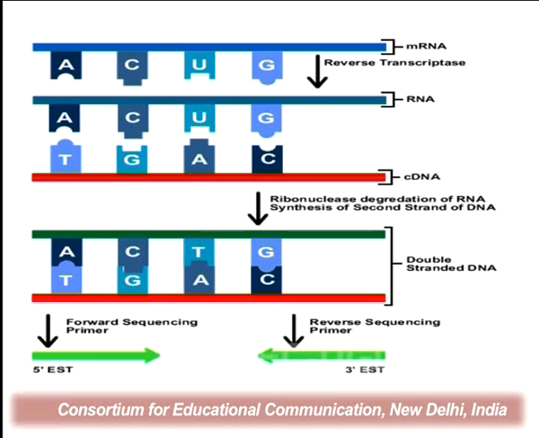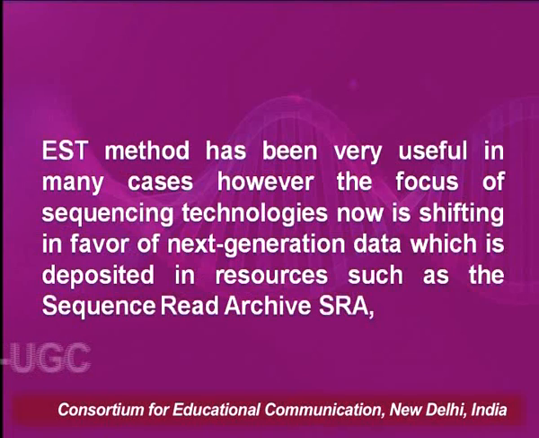At both ends of this we have two types of ESTs, the 5' EST and the 3' EST, and both these EST sequences can be used to tag or identify a gene, and they can also be used to identify their location on a chromosome, on a genome. So ESTs have been very useful in gene identification and their location on the chromosome.